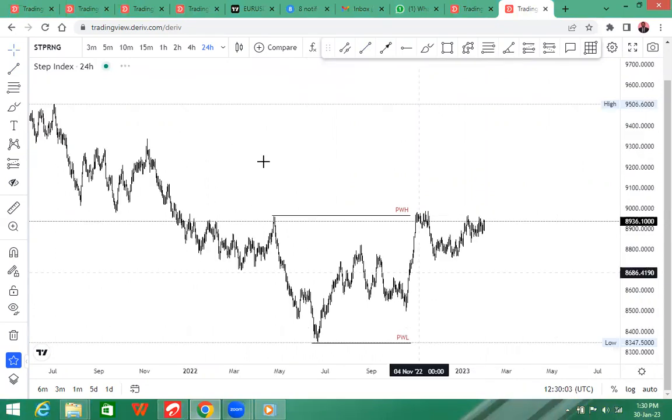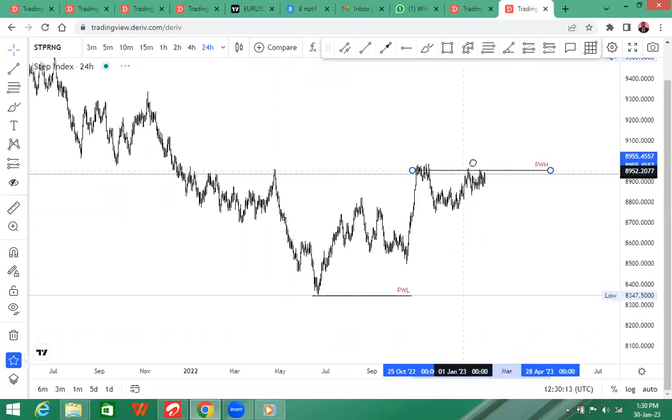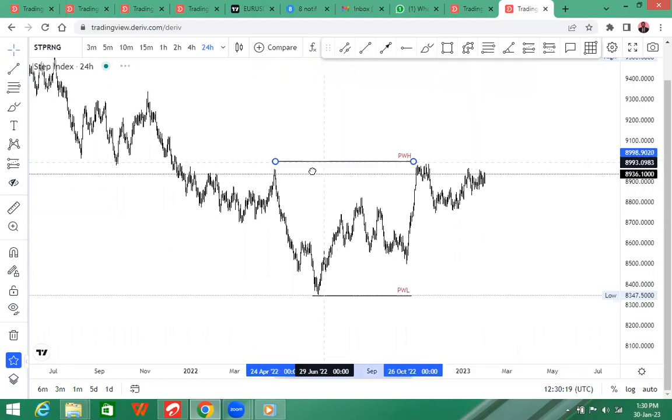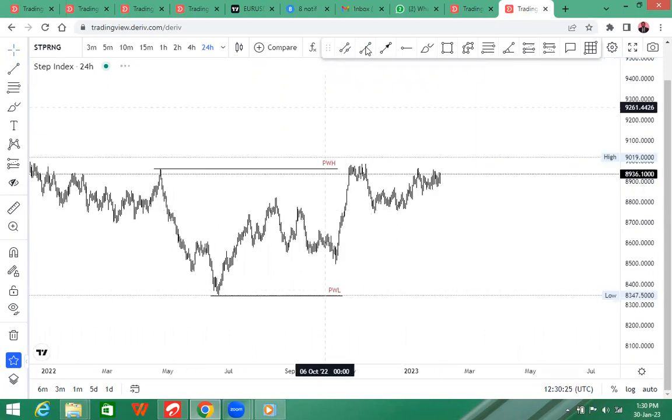Because price took out this last high, telling you that this is no longer the range. This is now the new range. This high has been taken out. Now we have this high and this low. Price has taken out this high, so this is my new range.